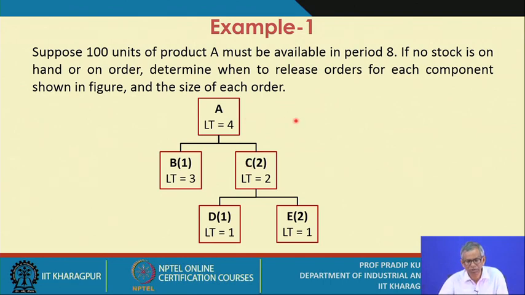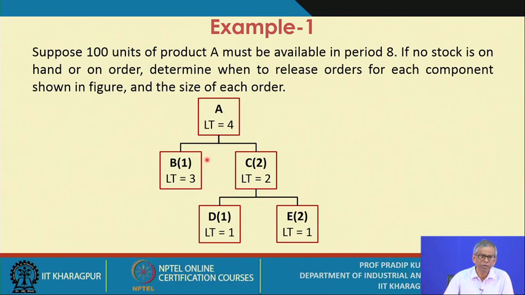So this is level 0 and this is level 1. Now item B may be a sub assembly, or C also could be a component, or item B could be a sub assembly and item C could be a component, depending on which particular product you have designed.